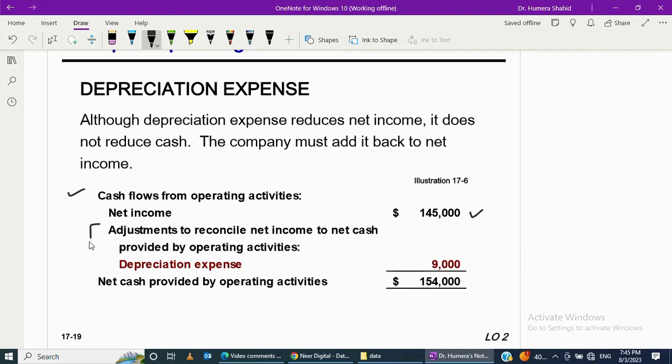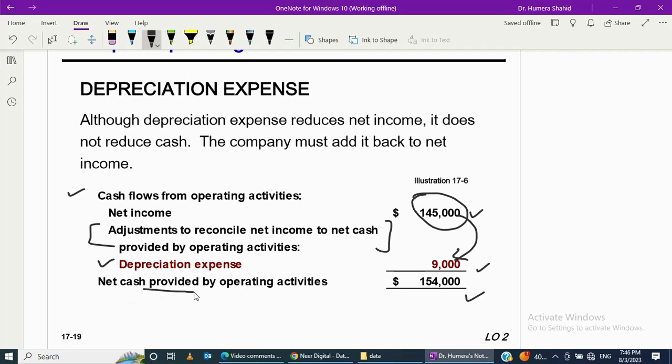Then we always write this statement, because now we are going to adjust this net income to the cash-based net income, which is cash flow from operating activities. First step, as I told you in the previous slide, add back depreciation, amortization or depletion. We have only depreciation expense of 9,000, so we add it back. If nothing else is there, we will just say this is net cash provided by operating activities.